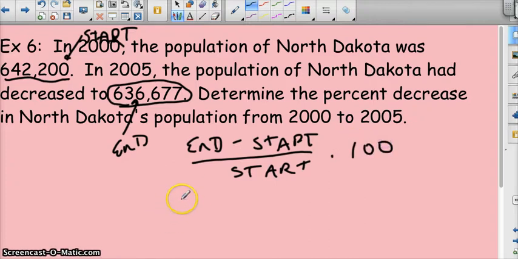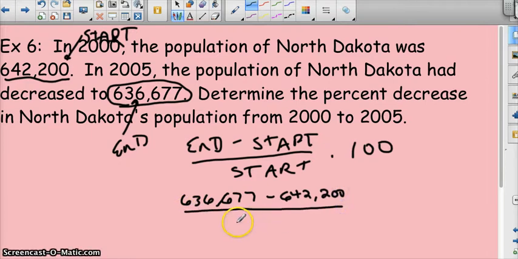So here we go. End in this case was 636,677. We subtract that from the starting amount, which was 642,200. We then divide that by the starting amount, 642,200, and multiply that result times 100.